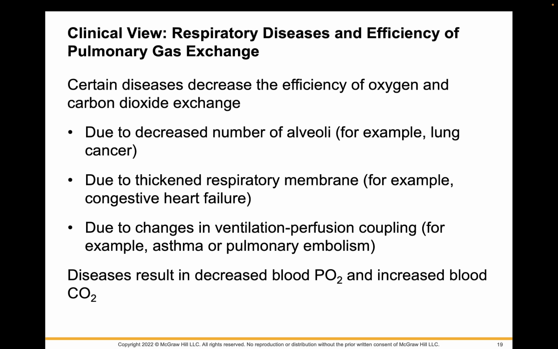For example, this will occur with congestive heart failure. There also could be changes in the ventilation-perfusion coupling, and this is something that might occur with asthma or pulmonary embolism. Overall, diseases result in decreased partial pressure of oxygen in the blood and an increased partial pressure of CO2.